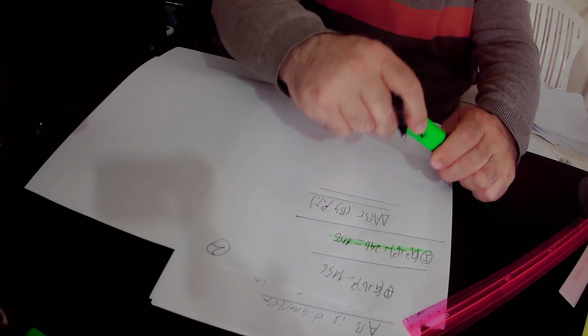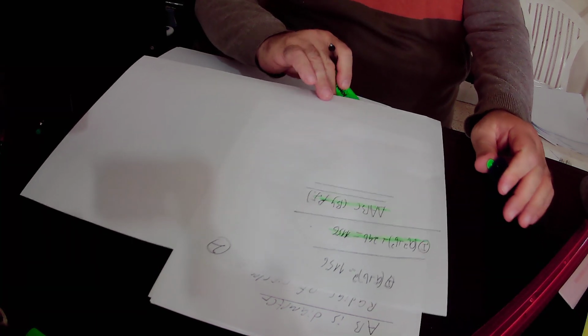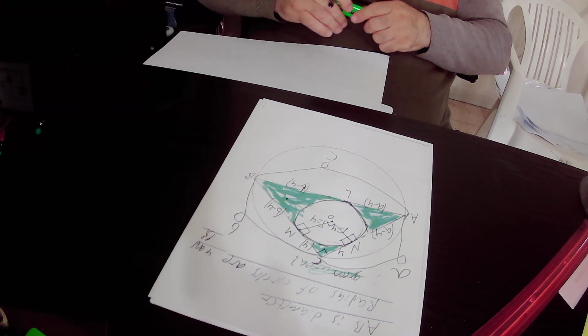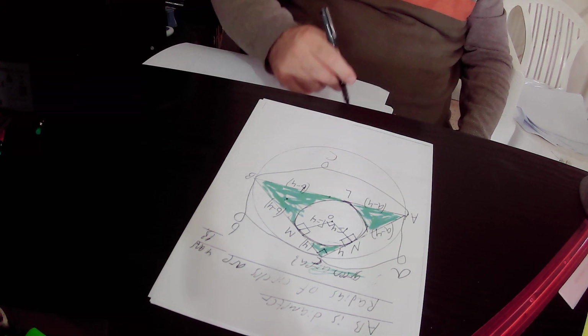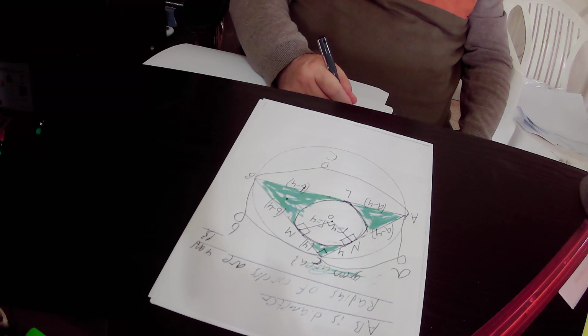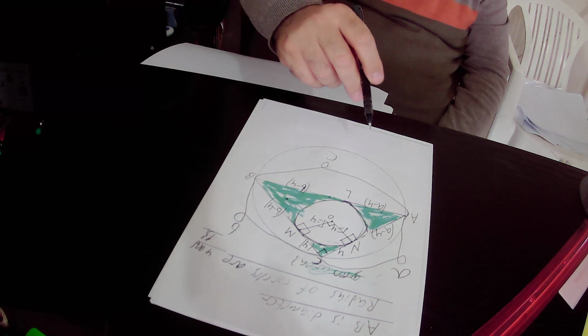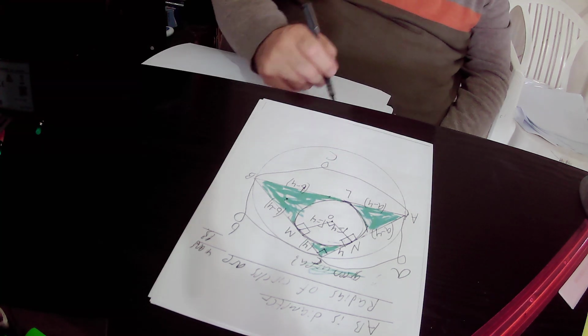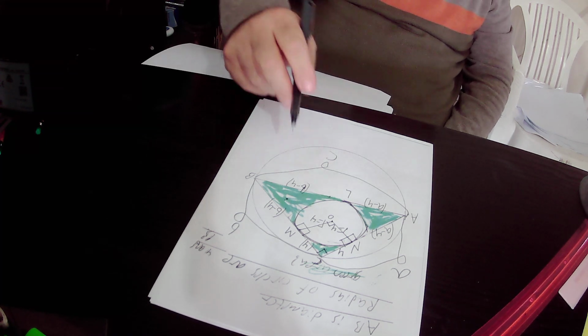So here the hypotenuse is AB, therefore the square of the hypotenuse is AB squared. And it must be equal to the sum of the squares of the perpendiculars, that is to say it must be equal to AC squared plus CB squared.